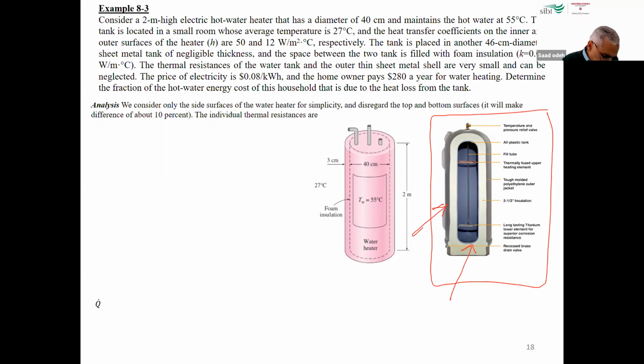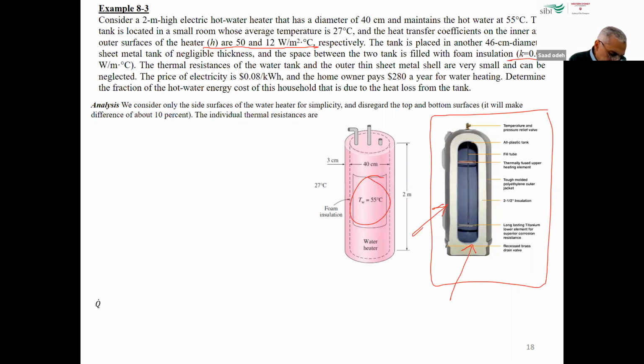This is the normal temperature of a hot water tank, 55 Celsius, and then all other information is given. We have the h values, inner and outer, and also the k conductivity of the insulation.